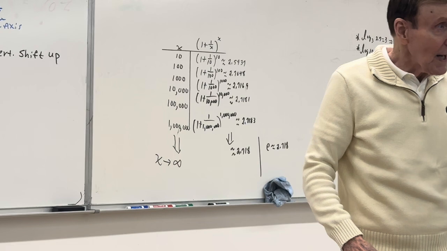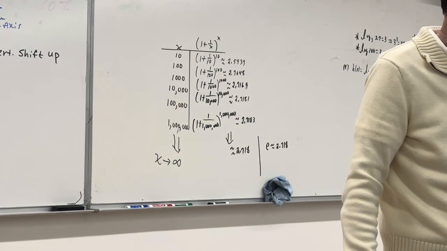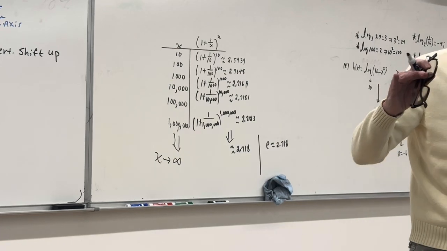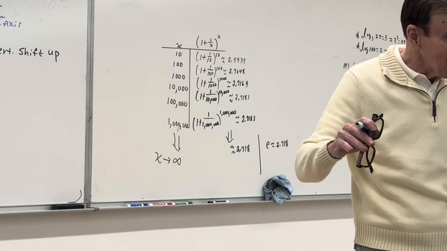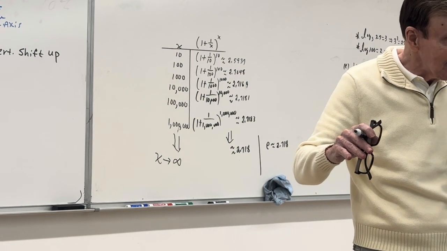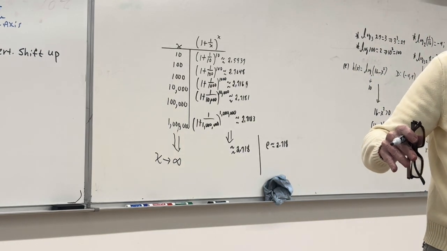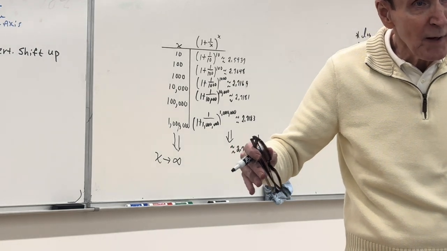And I know when I first saw this, and I was one of those students where I asked questions. And the professor put an E there. I said, why E? Why didn't you call it C? Why didn't you call it F? Why didn't you use W? Why call it E?